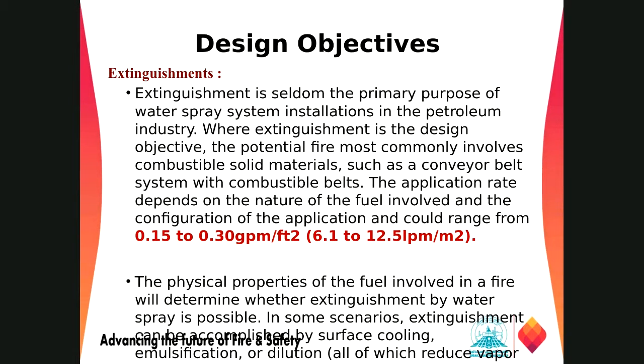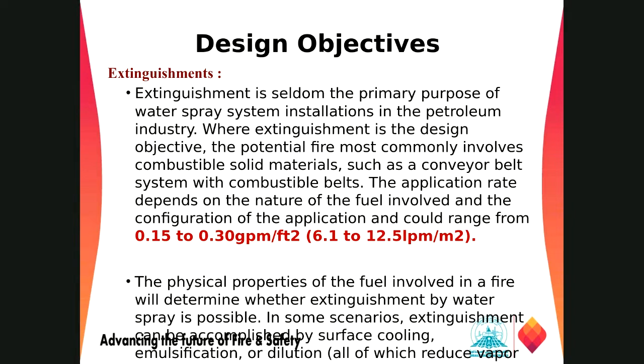And the last we have the extinguishment. But extinguishment is seldom the primary function of a water spray system installed in the petroleum industry, right? Or it is not a common one. Where extinguishment is the design objective, the potential fire must commonly involve combustible solid materials, right?